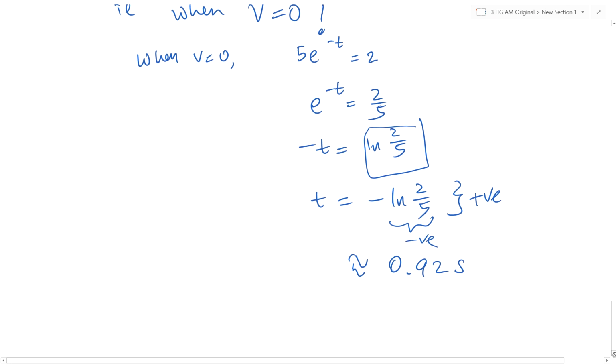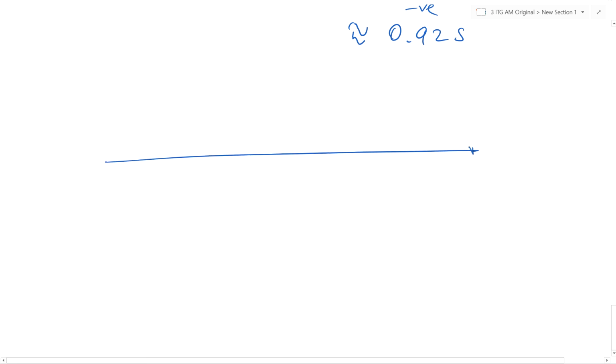Distance traveled in the first 3 seconds. Draw your displacement axis. When time equals 0, displacement equals 0. So t equals 0 over here. Is that it?